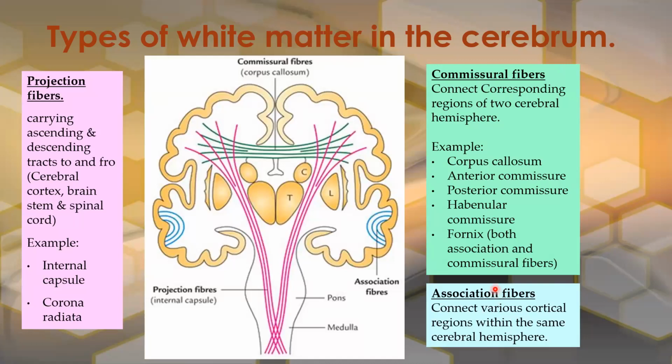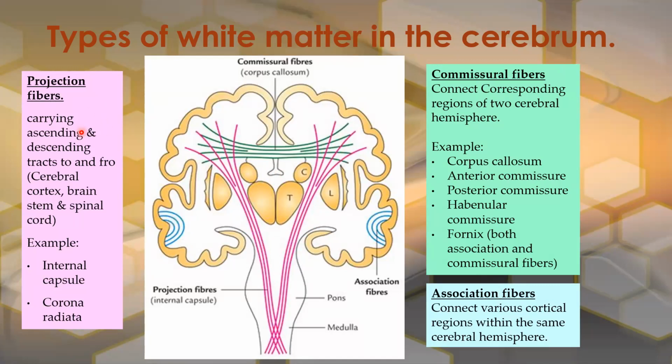Okay, now we move on to the types of white matter in the cerebrum. The white matter is made of axons. There are three types of white matter: projection fibers, commissural fibers, and association fibers.